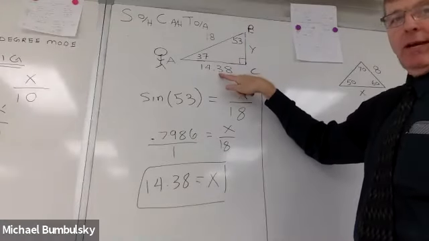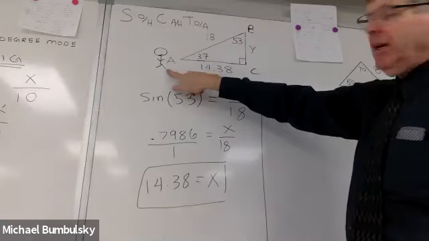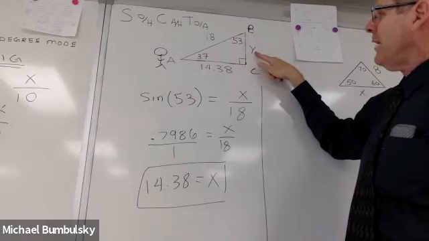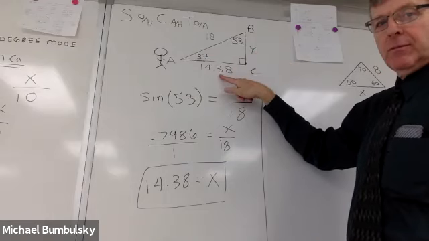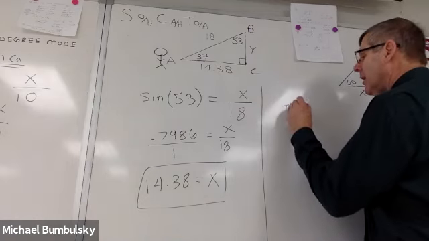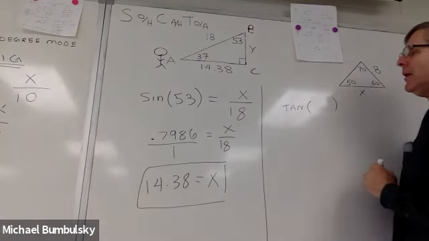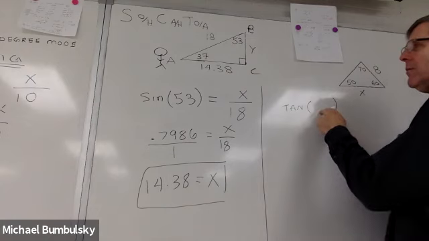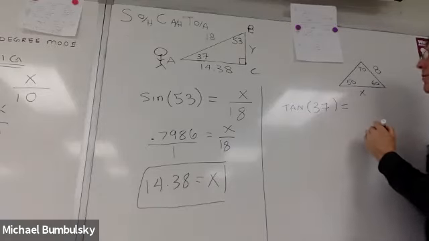Tangent. Okay, I could use tangent, couldn't I? Because if I'm standing here, I'm trying to find y and I know x. Okay, so I could say that the tangent of what? What goes in here now? The opposite, y. The tangent of 37 is equal to what?